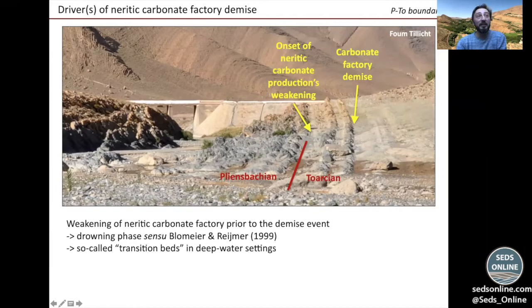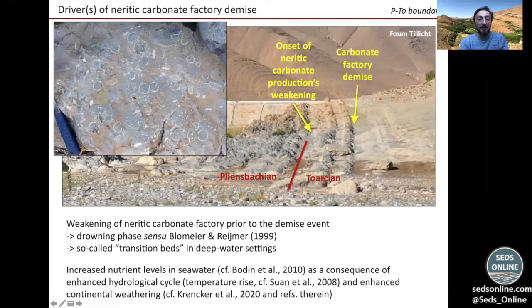So we can think that this start here is really linked to the consequence of the enhanced hydrological cycle that is itself linked to the temperature rise. So we have enhanced continental weathering, so we also bring more nutrients, and that has been observed by phosphorus content that you can measure in these deeper water settings.